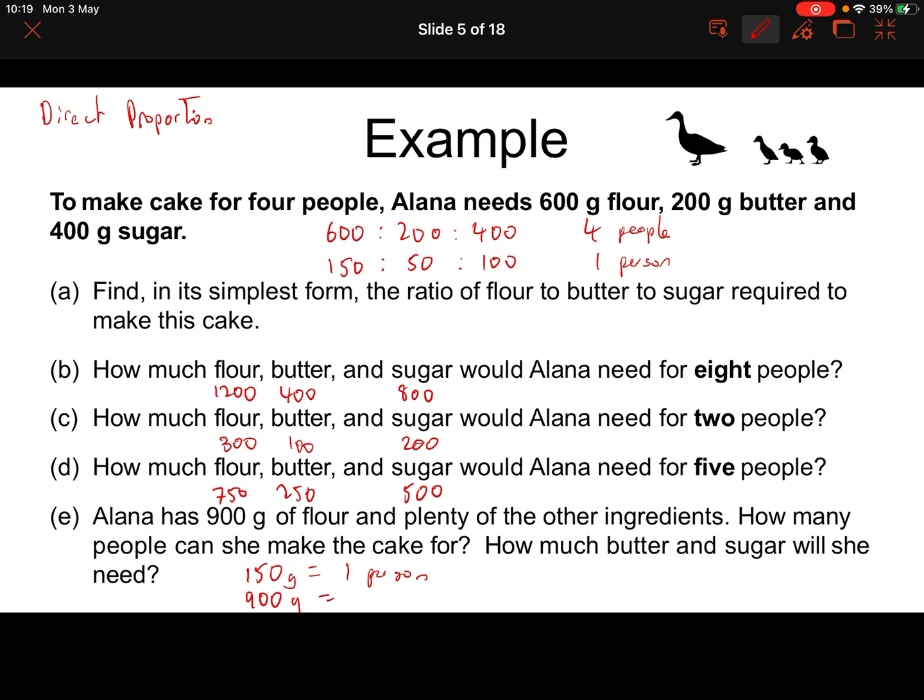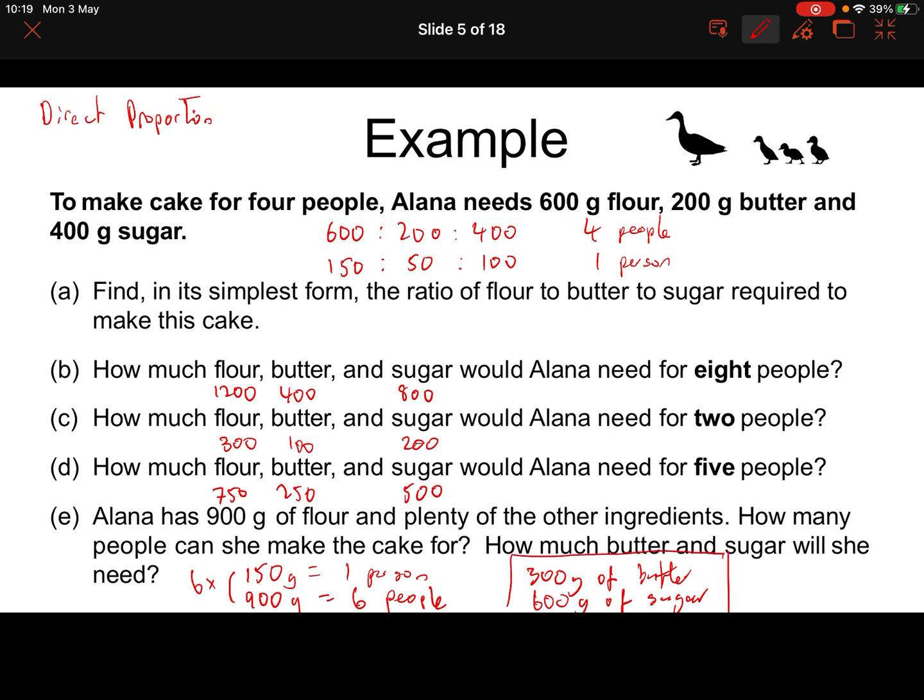So what I've done to go from here to here, I've multiplied by 6. So that means 6 people can be fed with 900 grams of flour. And I've got plenty of the other ingredients, so it doesn't really matter. But I know that I would need 300 grams of butter, and I would need 600 grams of sugar, which is fine because I have plenty of them.